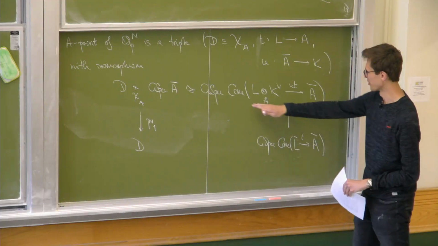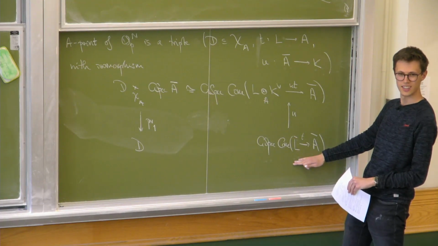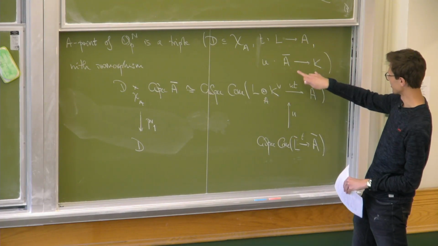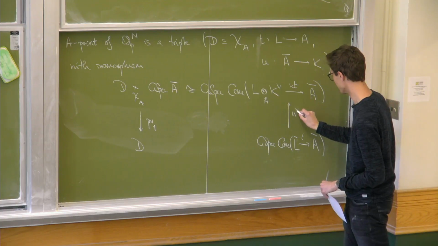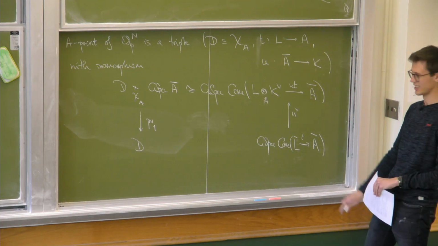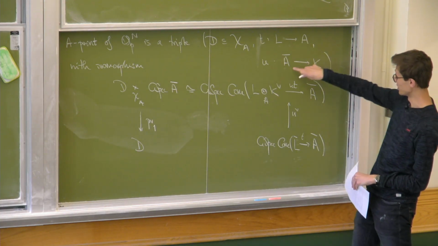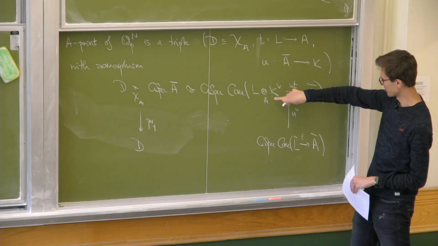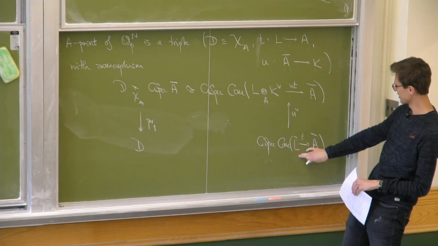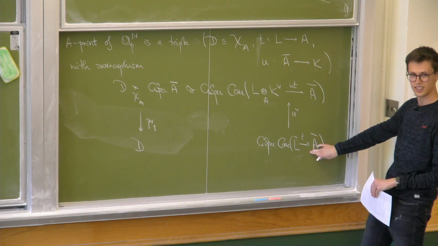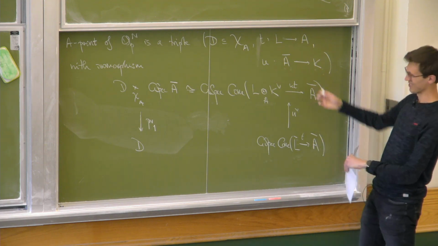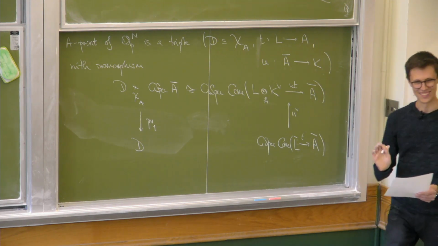So on rings, it's a map from this cone to this cone. And so from U, maybe I should write U dual. And U dual gives me a map from K dual to A bar. So it gives me a map from this term to this term. And on these, I take the identity. Okay, cool. Thank you. And then on spec, it goes, yeah. I see that it's a bit confusing.